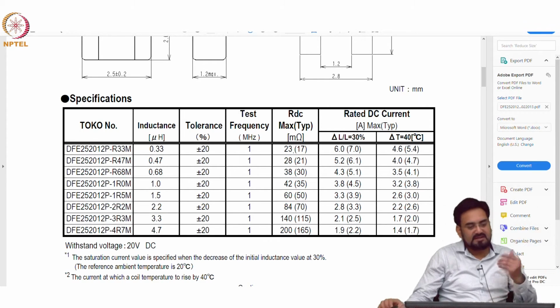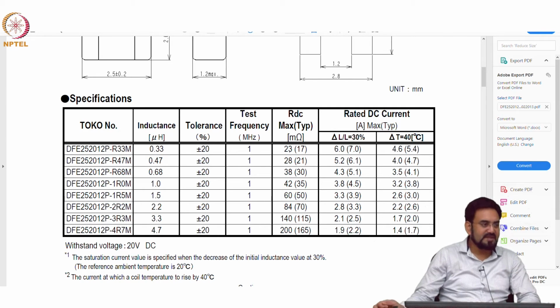So, DCR may be like 12 milliohm or so. If you look at 2x of this, it is not scaling 2x, but still you might see less than 20 milliohm there. And what did we consider in our calculation? 50 milliohm. So, 50 milliohm is actually much higher than what we considered.